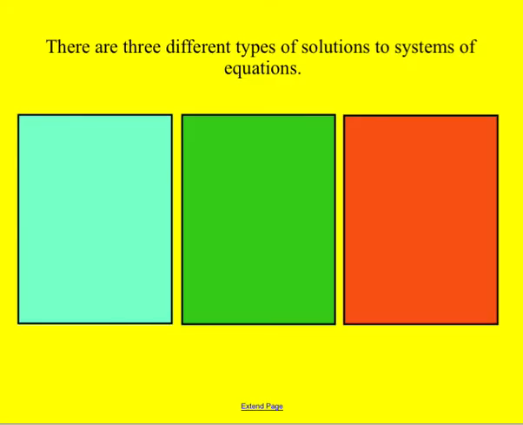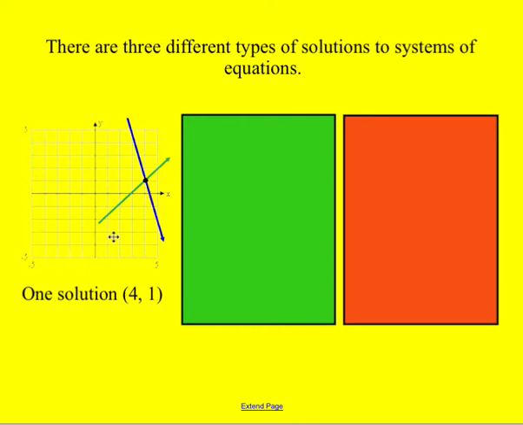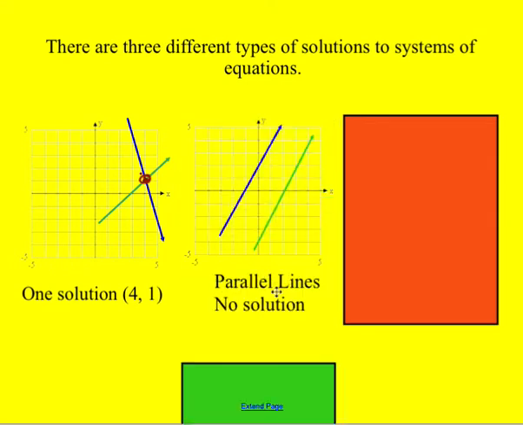Let's take a look at the three types of solutions. The first one is if there's just one solution. So they're crossing at one point, like this point right here. Okay, next, there's parallel lines. If they never cross each other, they have the same slope. So you might want to write that down.